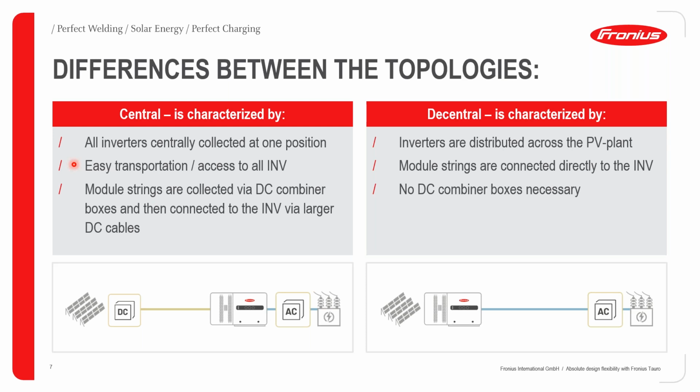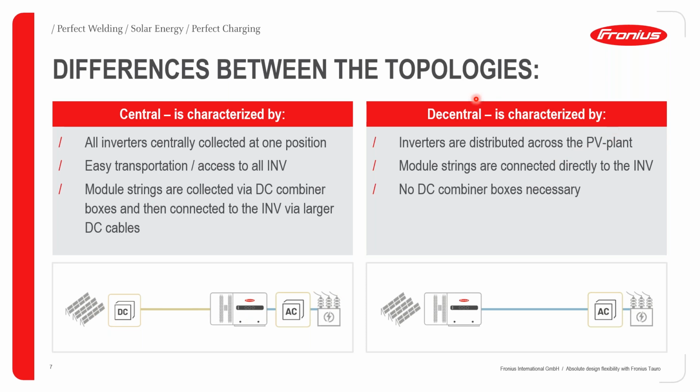You can access the inverters easily, so you don't have to run around the whole plant. The module strings are collected via DC combiner boxes, and after that, usually with a thicker cable diameter, we are running big DC cables to the Tauro device. So this is actually very well shown, I think, in this schematic. So we need DC combiner boxes in this situation.